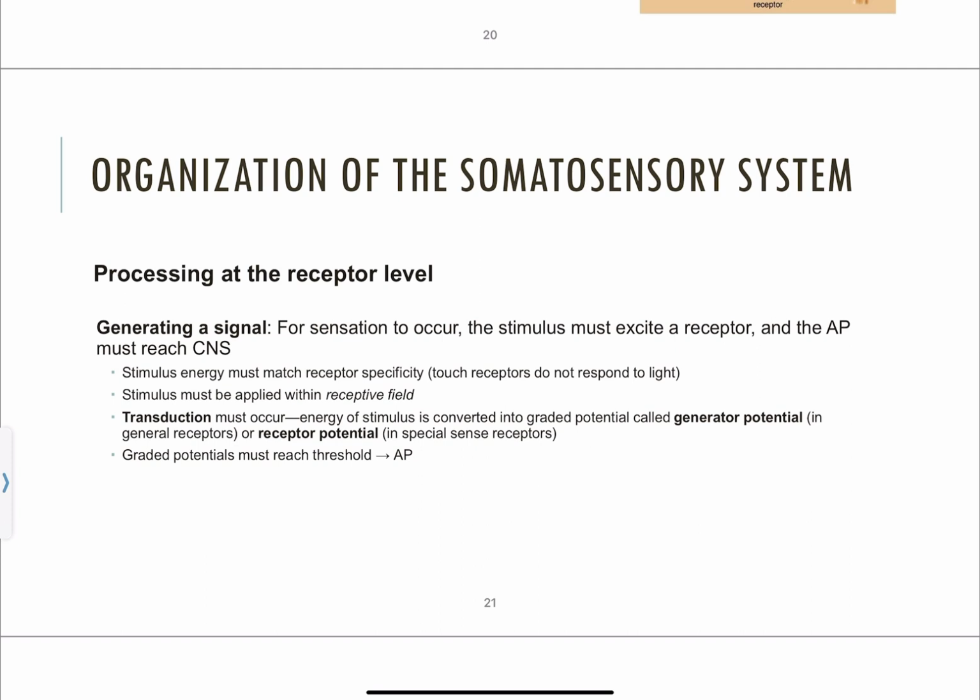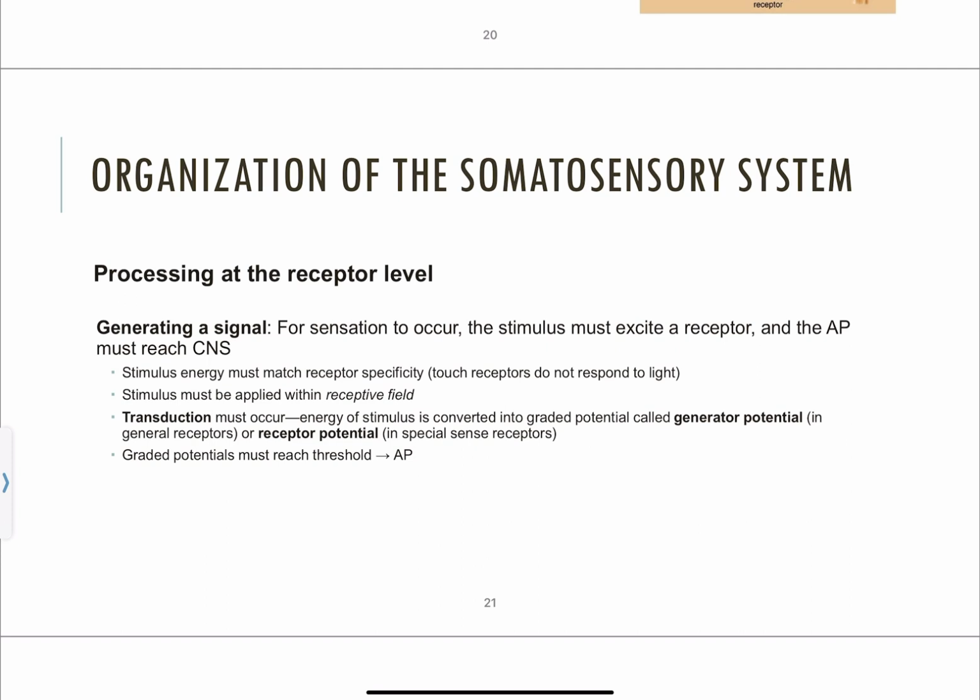Depending on which receptors are generating these graded potentials, we term them 2 different things. If the graded potentials occur in our general sense receptors, then we call it a generator potential. If these graded potentials occur in our special sense organs, like our eye or our ear, those would be called receptor potentials.